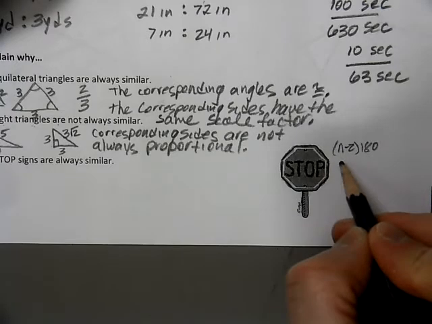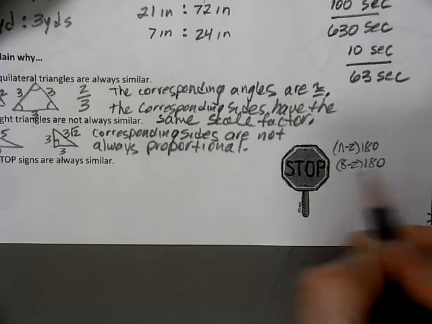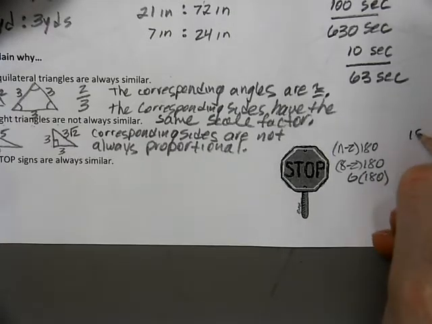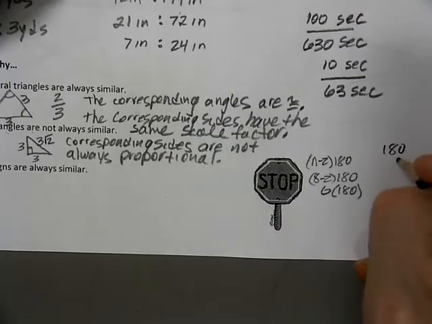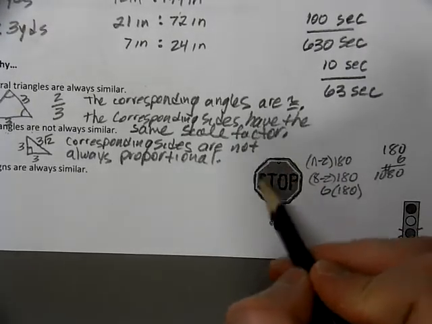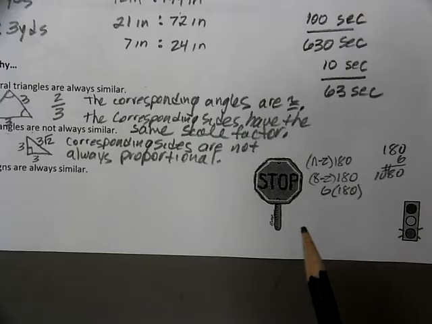So if we take our 8 minus 2 times 180, so 6 times 180, timesing that by 6, 48, we got 1080. So all the interior angles of a stop sign add up to 1080.